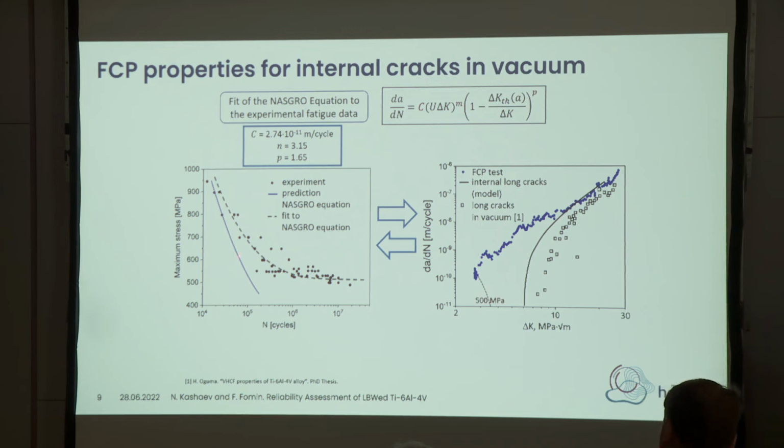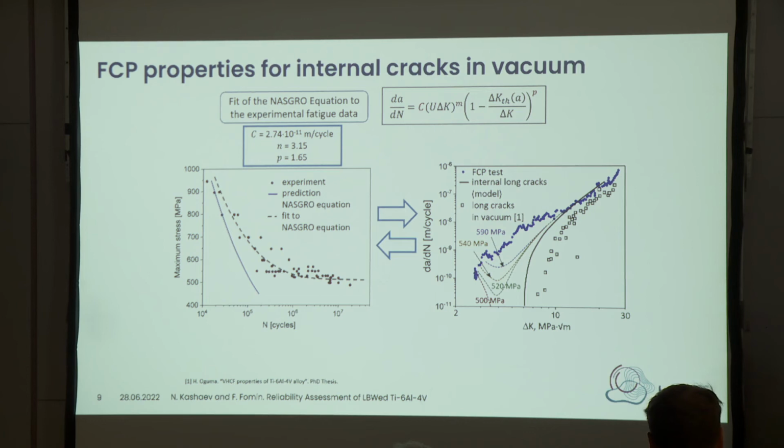And if we now calculate what our model will predict for 500 megapascal, we have behavior like this. The crack will be arrested. For 520 megapascal cyclic loading, the crack growth rate will decrease, and then go close to this curve obtained for vacuum, like for 540, 590.